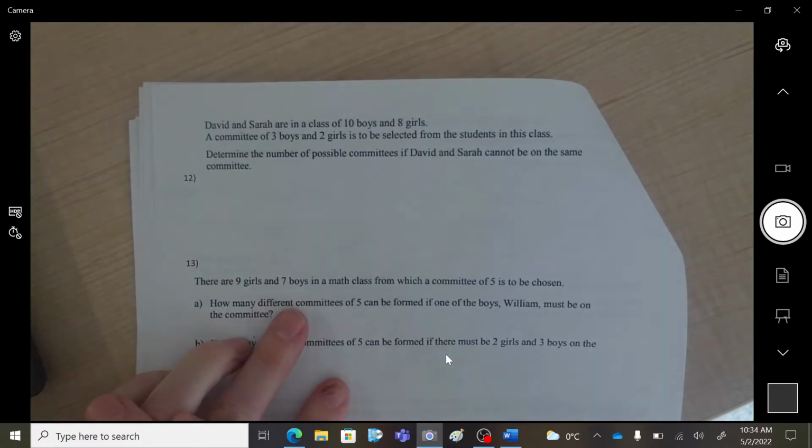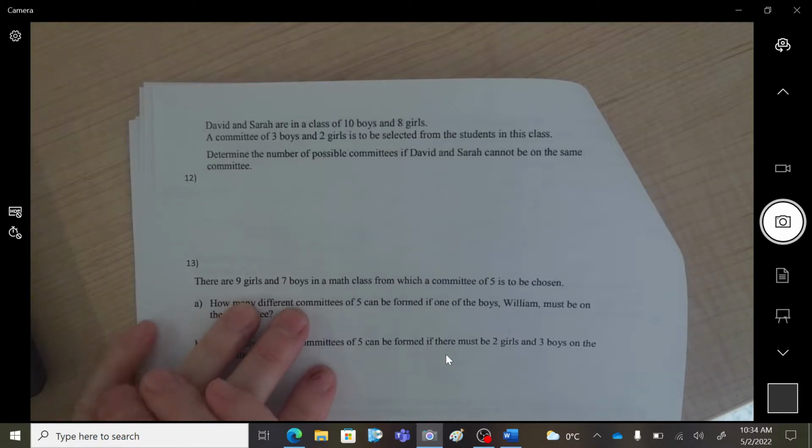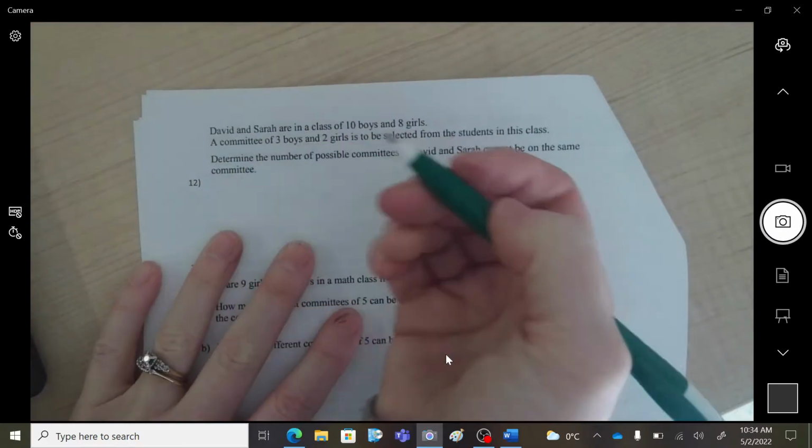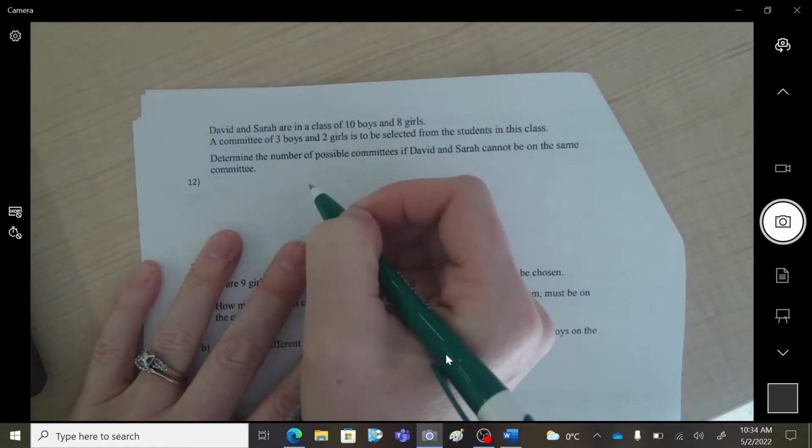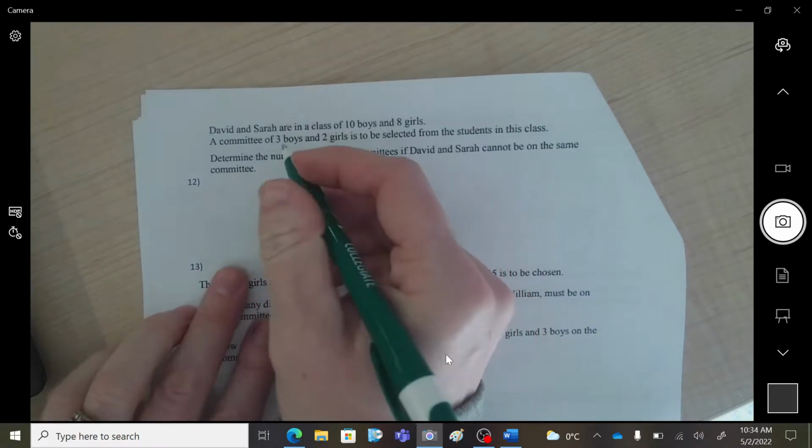David and Sarah are in a class of 10 boys, 8 girls, committee of 3 boys, 2 girls is to be selected. Determine the possibility if David and Sarah cannot be on the same committee. Okay, so we're going to do scenarios.